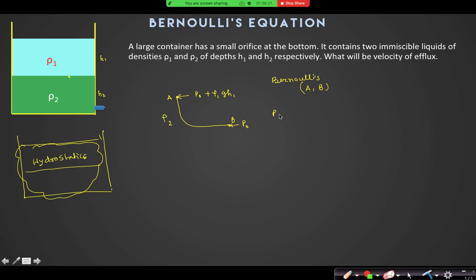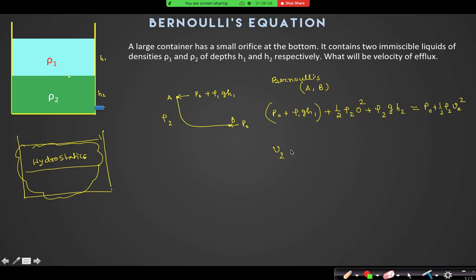So can I say P naught plus rho 1 g h1, this is the pressure, plus half rho 2 v square, where v is 0 here, plus rho 2 g h2 is equal to P naught plus half rho 2 V square. P naught gets cancelled out.